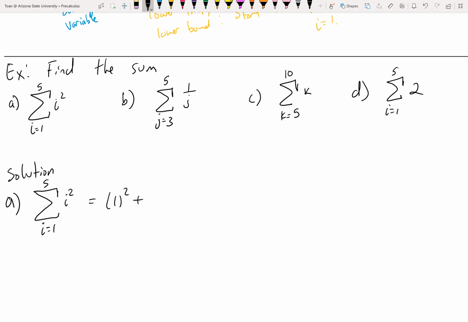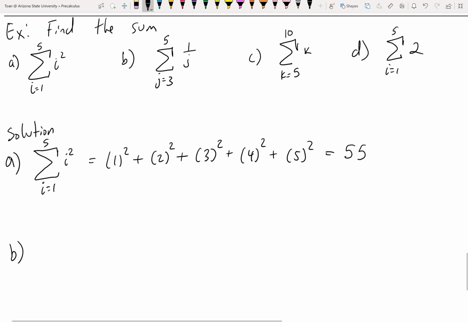Take i equals 2, plug into the formula, I'm done, do a plus, increment from 2 to a 3. So you keep increasing the number until you reach the top number. So that's basically it. 3 squared, 4 squared, 5 squared, and then since 5 was the upper limit, you can stop, and then you just add them up. 1 plus 4 plus 9 plus 16 plus 25 is 55.